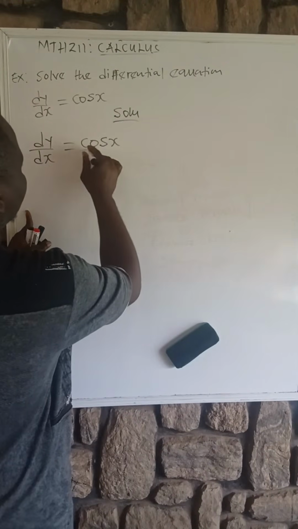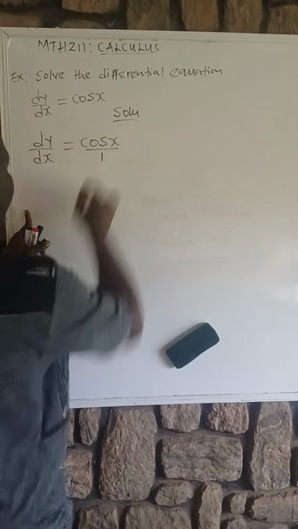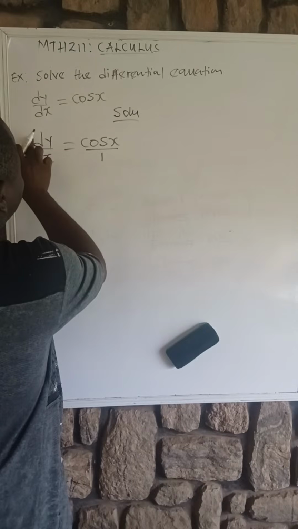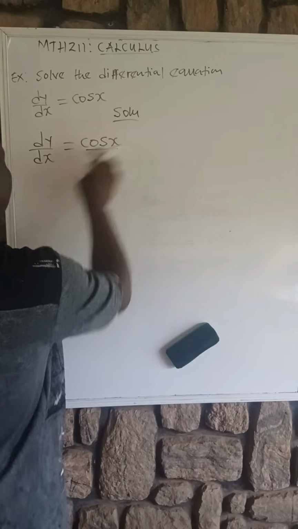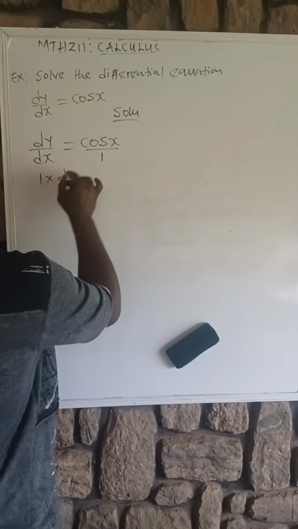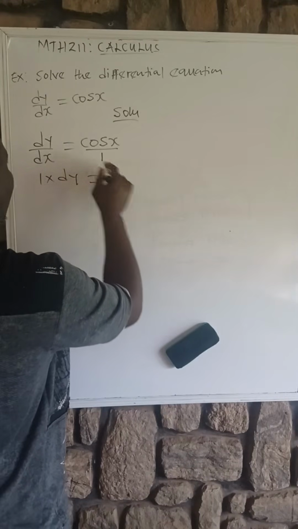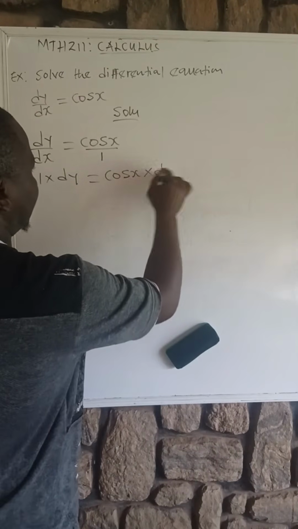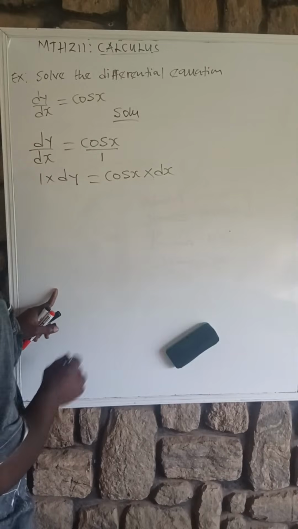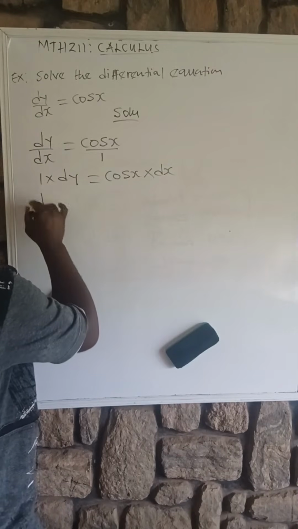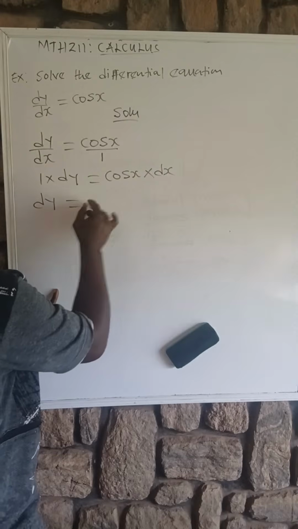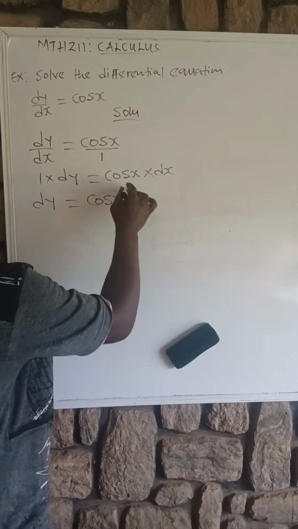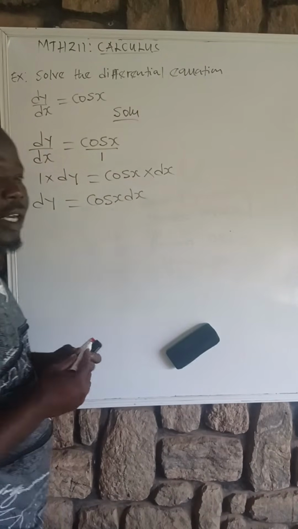How? Look at the right hand side. Note that there is an invisible 1. So we have to cross multiply. You will see that 1 times dy is equal to cos x times dx, right? So 1 times dy is dy, equals cos x times dx, which is cos x dx.